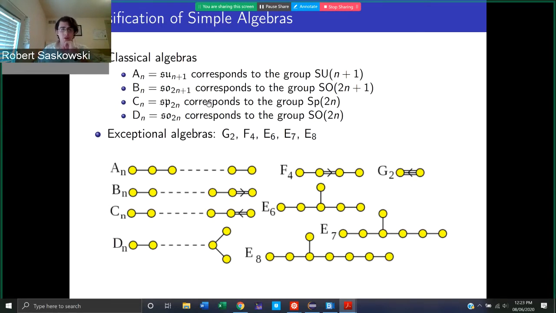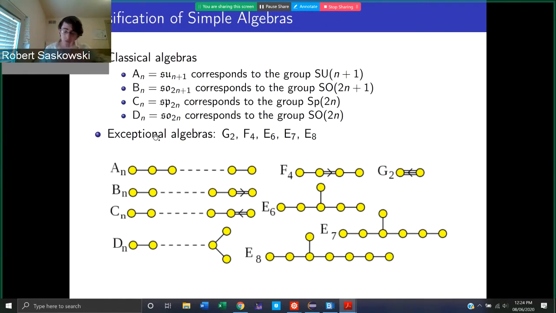There's also the symplectic group, which preserves a certain antisymmetric quadratic form, and 𝔰𝔭(2n) doesn't come up as much in quantum mechanics, but it is an important group.